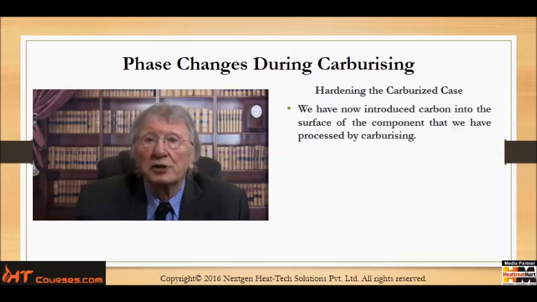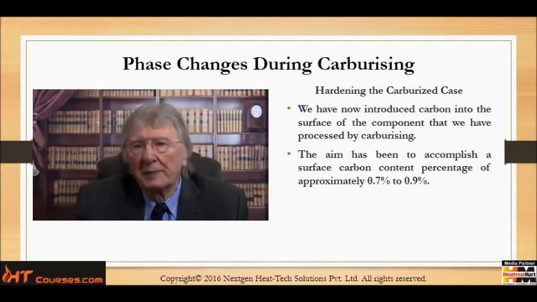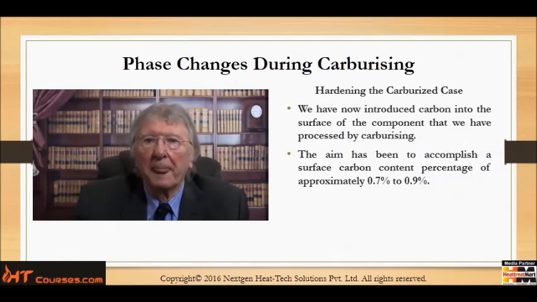We've now introduced carbon into the surface of the component that we've processed by carburizing. The aim has been to accomplish a surface carbon content percentage of approximately 0.7 up to approximately 0.9.